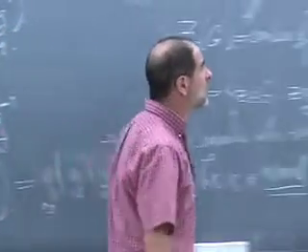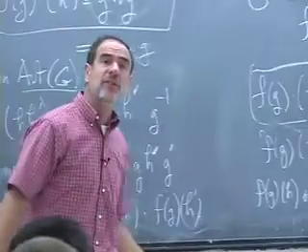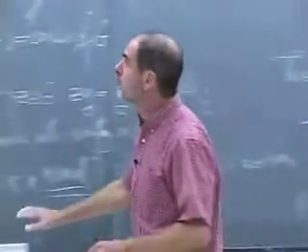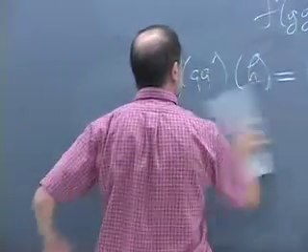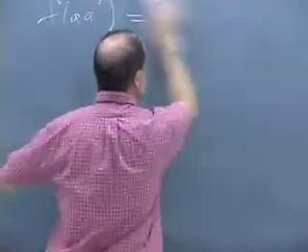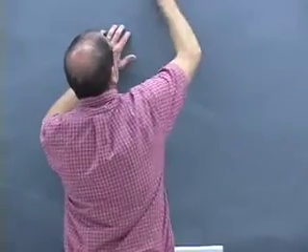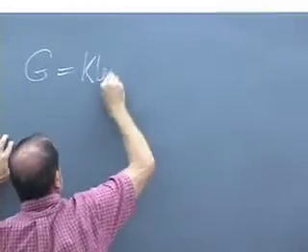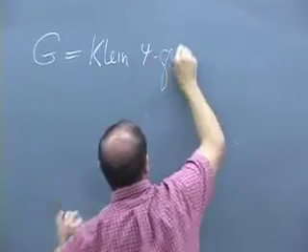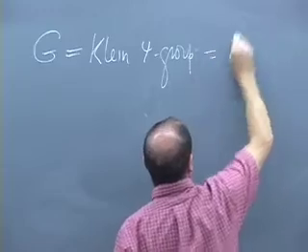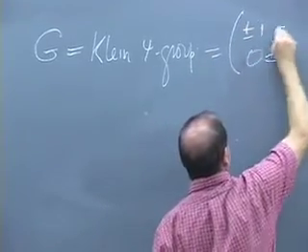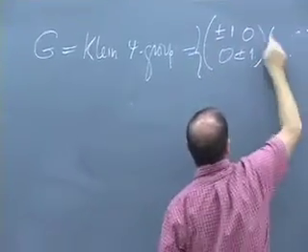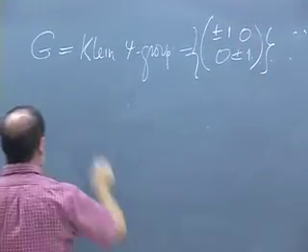Well, let's take a look at a simple type of group and see whether we get all the automorphisms. Let's take a nice group like the Klein 4 group, which Peter exhibited to you as the set of 2 by 2 matrices that have plus or minus 1s on the diagonal. That group has 4 elements in it.